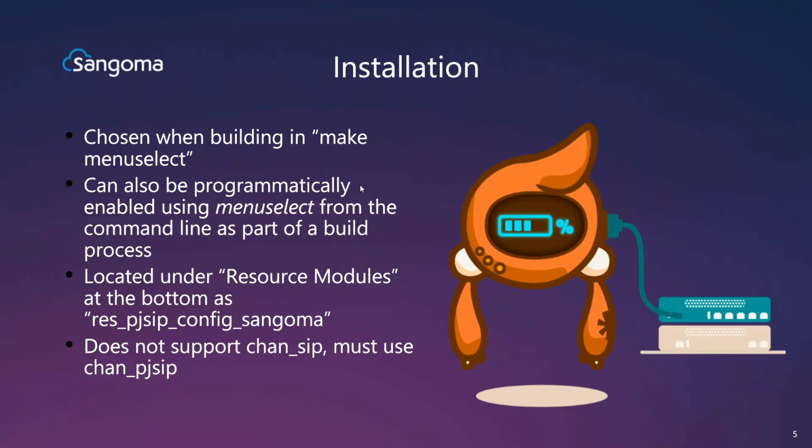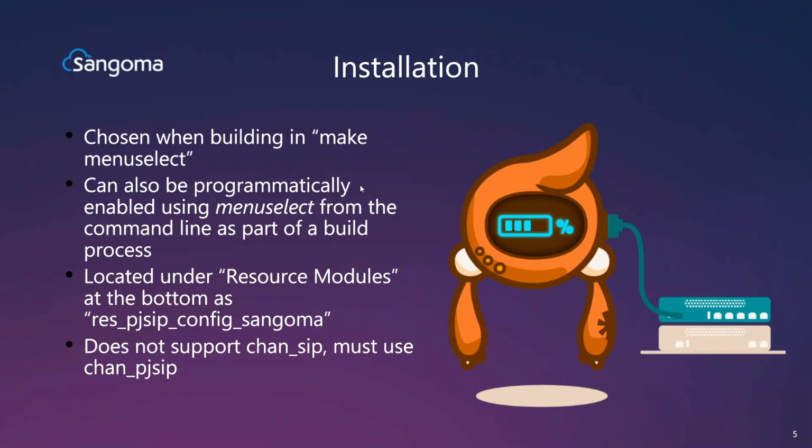However, this is a little known thing: menuselect can also be used from the command line as part of a build process. And this is documented on docs.asterisk.org. So you can programmatically enable additional modules such as this trunking module if you wish.